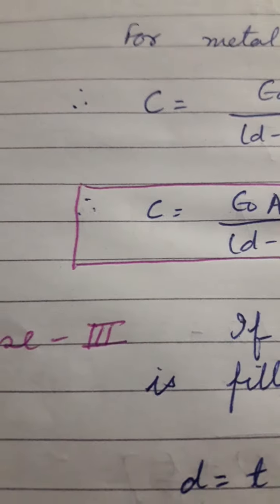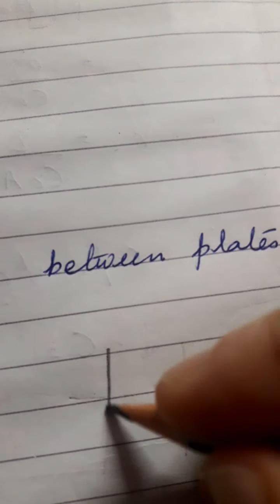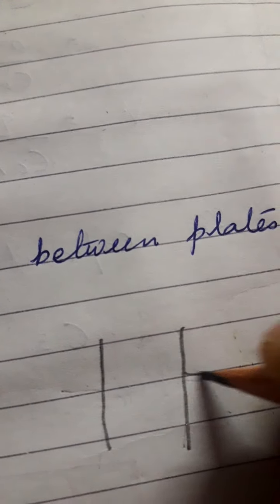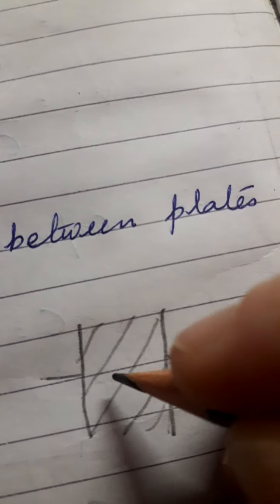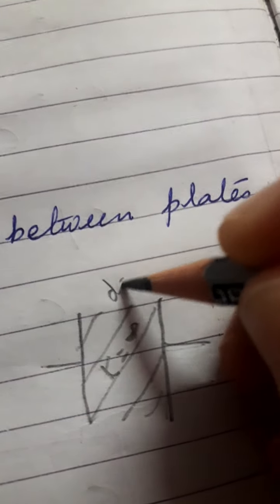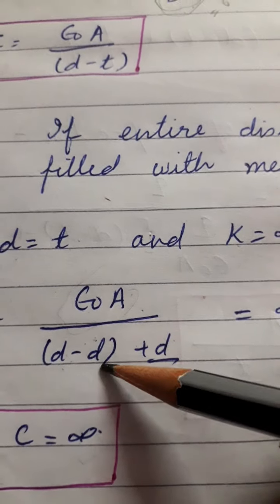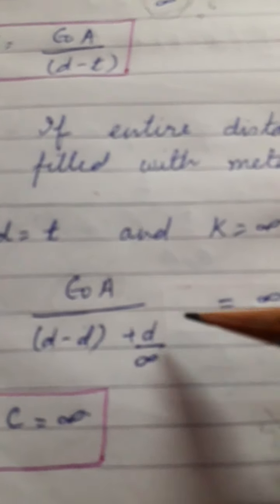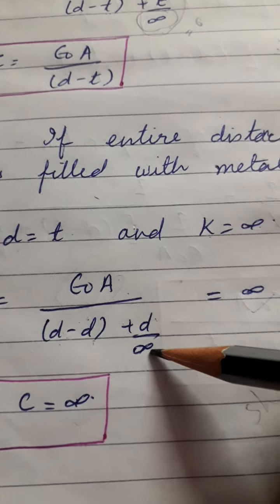Now next case, third case. If the capacitor is completely filled with the metal, that means K is equal to infinity, first condition, and D will be equal to T. So what will be here in the formula? That means we can write C is equal to epsilon naught A upon D minus T, where T is equal to D, I have substituted here, plus T by K, with T equal to D substituted and K infinity for the metal.